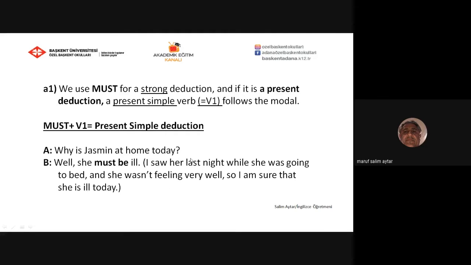So I'm sure that she is ill today. So after seeing this clue that you are sure that Yasmin is ill today, you can easily make a strong deduction by using must. She must be ill.